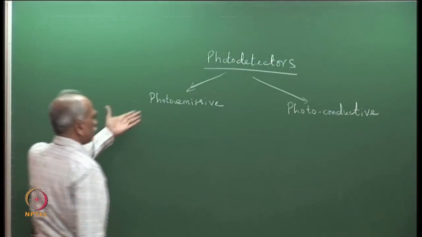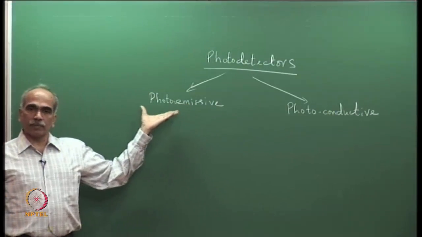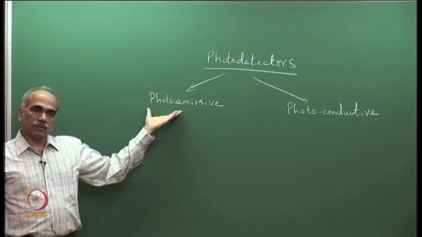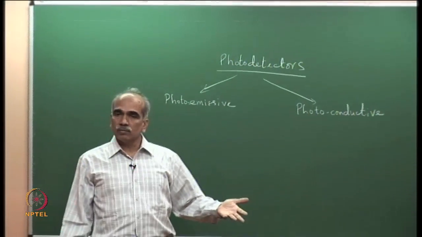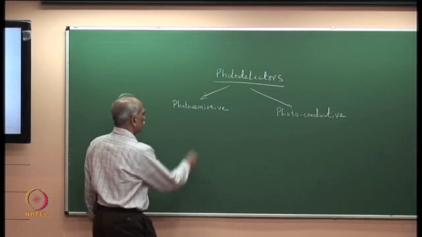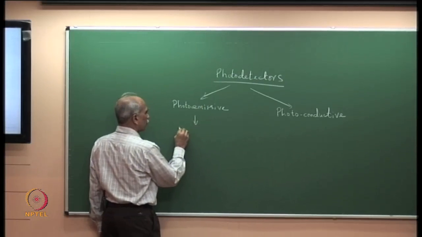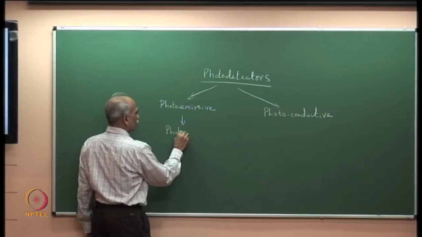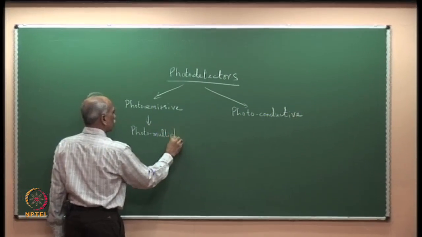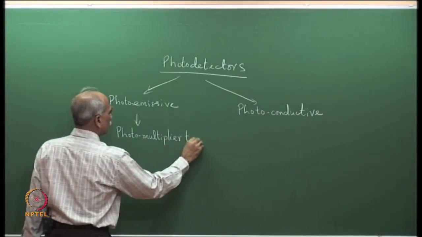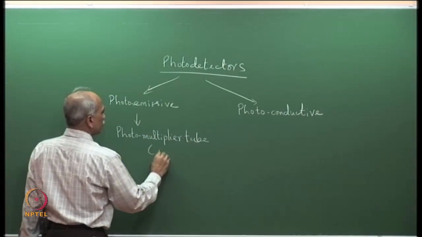As the name indicates, in photoemissive type of detectors, incident photon results in emission of an electron. A very important example here is the PMT, photomultiplier tube, widely known as PMT.